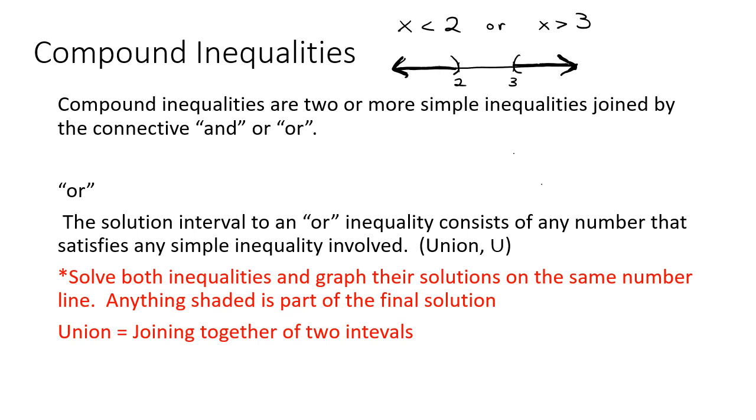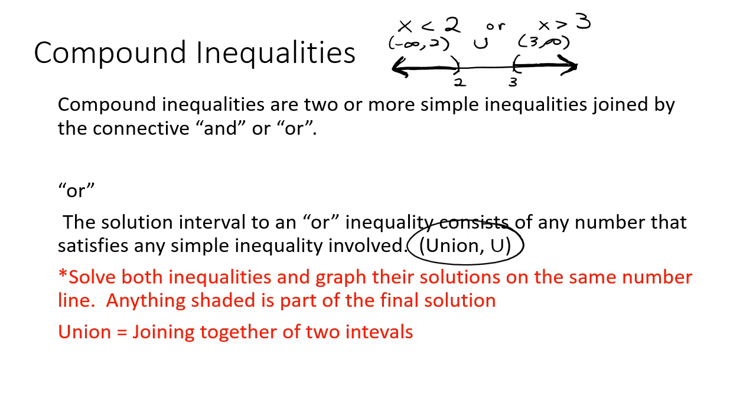This process of joining intervals together, so the solutions for x less than 2 would be negative infinity up to 2. The solution for x greater than 3 would be 3 to infinity. Our final answer is both of these joined together. So whenever you join intervals together, that is called a union of intervals.